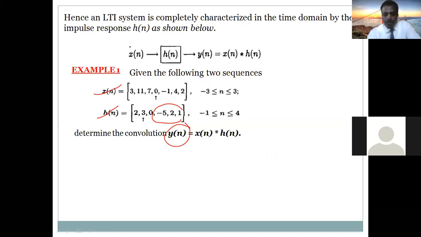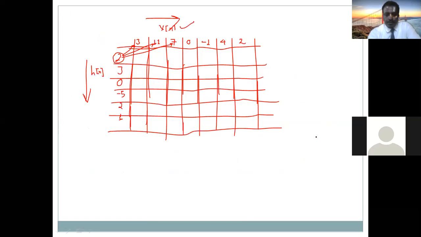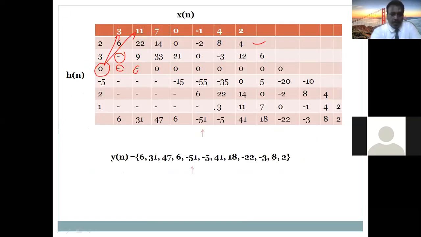When you see the formula of convolution sum, h is multiplied by x. First shift, you see this? This is the shift operation. Then multiply h with x. When you shift by 2, then multiply each sample by 0, we get all zeros. Multiplication of any number by 0 is 0.